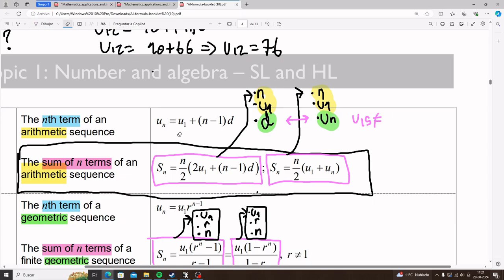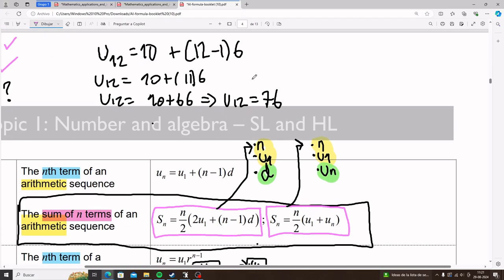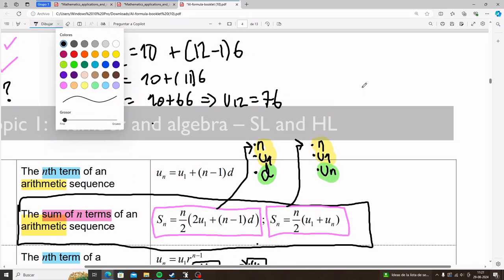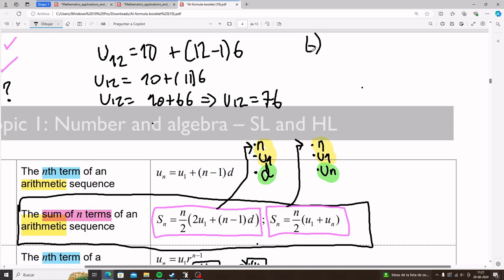I could find it out using this formula here, but that sounds like extra work. And who likes to do extra work? Mostly nobody. So instead of using the formula on the right, which asks for un, I'll use the formula on the left, which only asks for d, which I do already have. So for part B, we will be using the equation on the left.